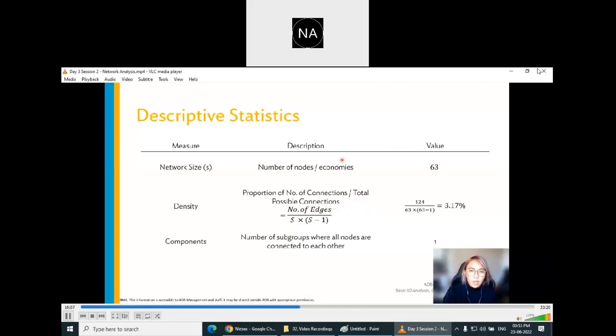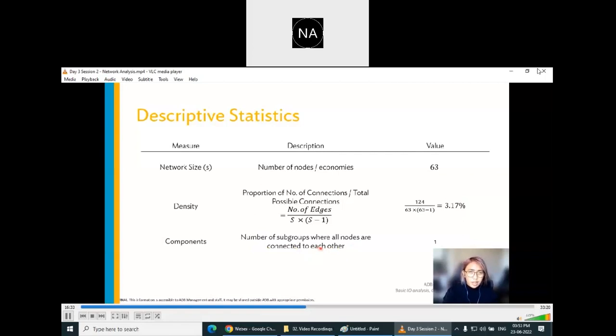So that's your numerator. And then our denominator is just the total possible connections if all nodes or all economies are connected. So we can get that by multiplying the total number of nodes times the total number of nodes minus 1. The density of our network is 3.17%.